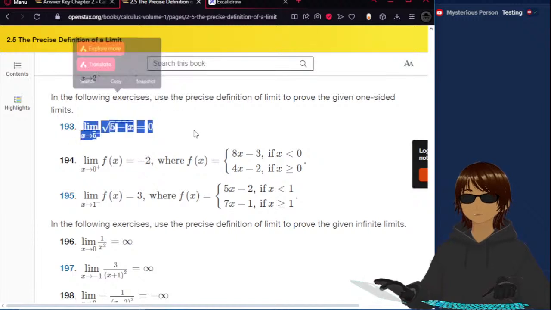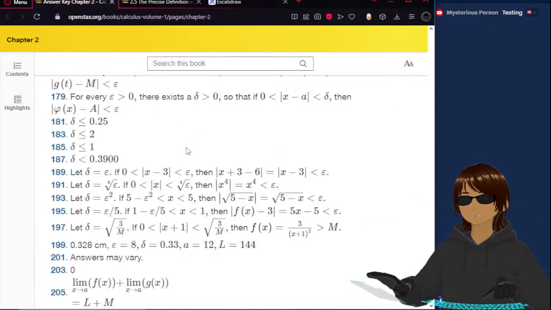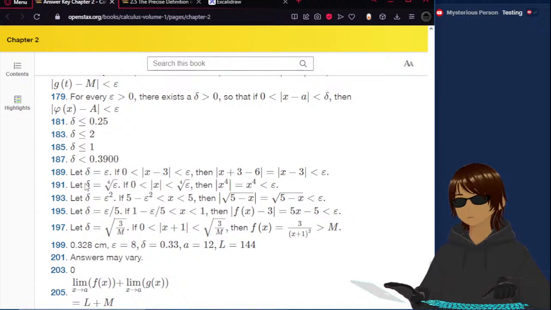Limit of the root of 5 minus x. I don't know how it got this.